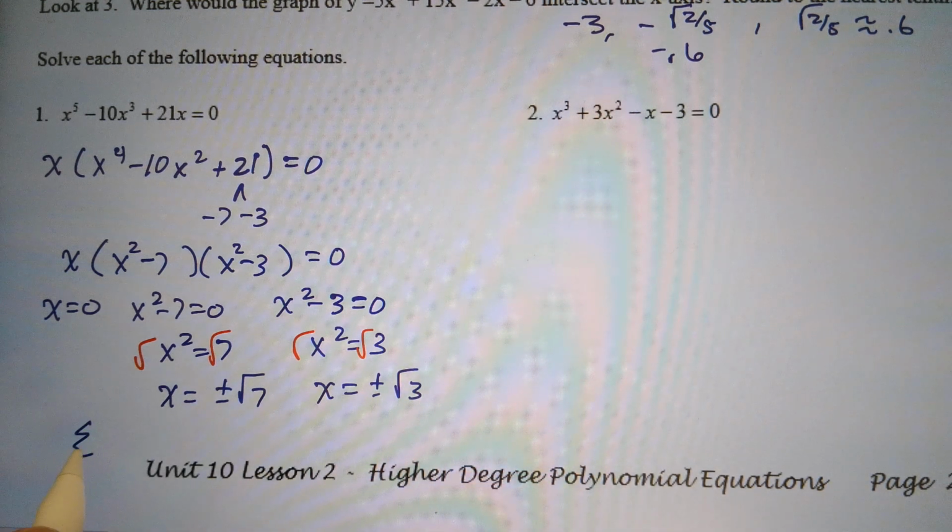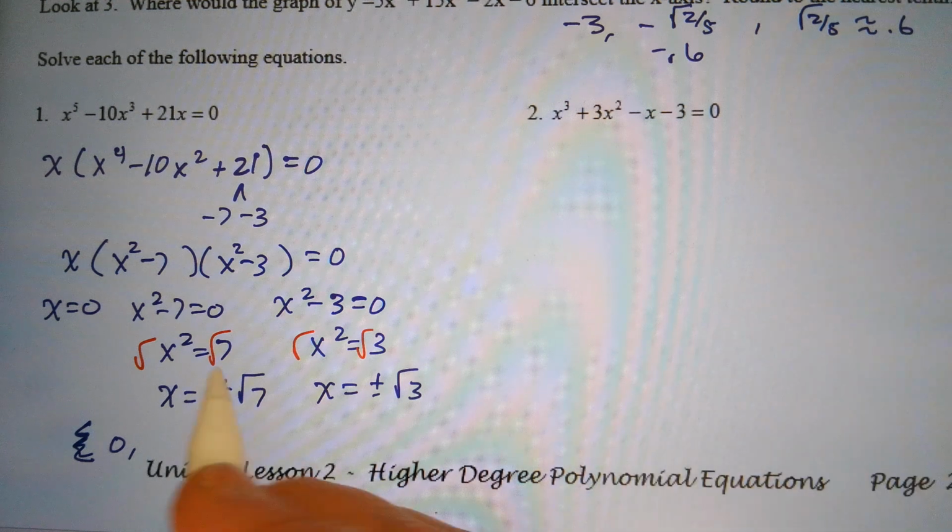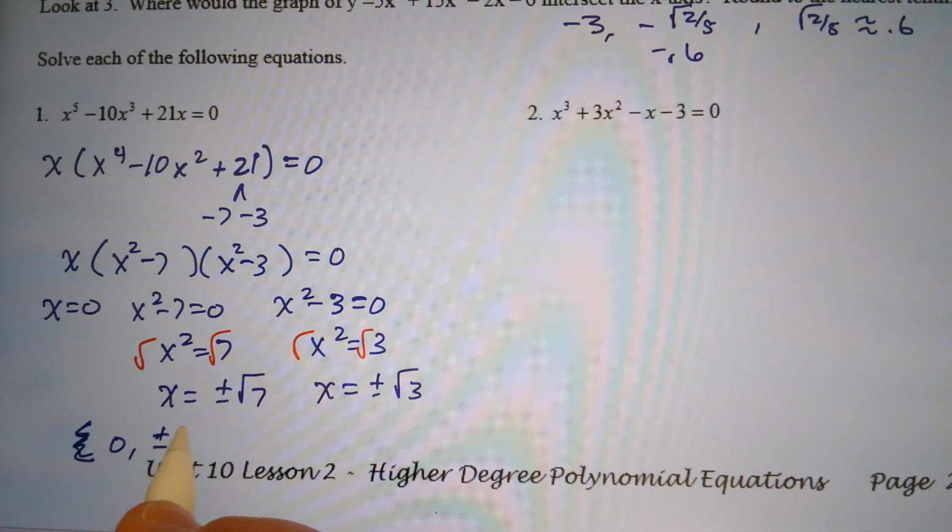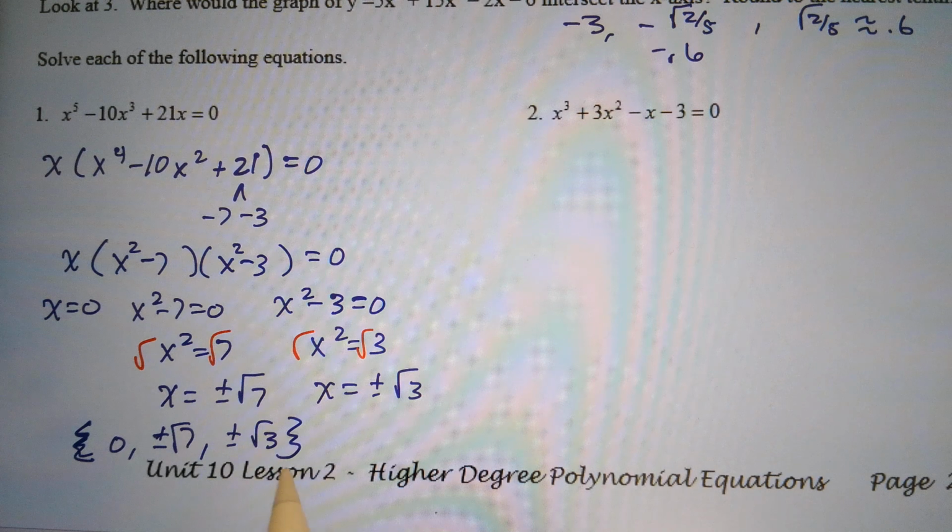So here we have 5 solutions: 0, plus or minus the square root of 7, and plus or minus the square root of 3.